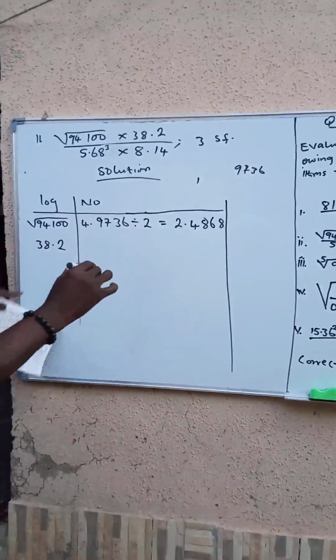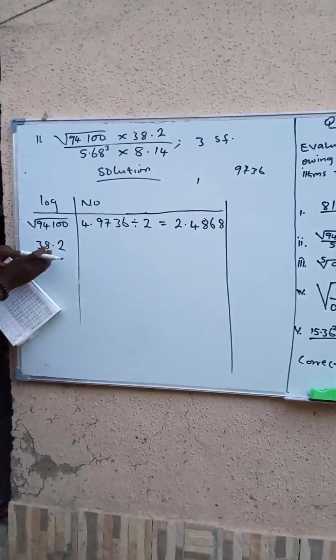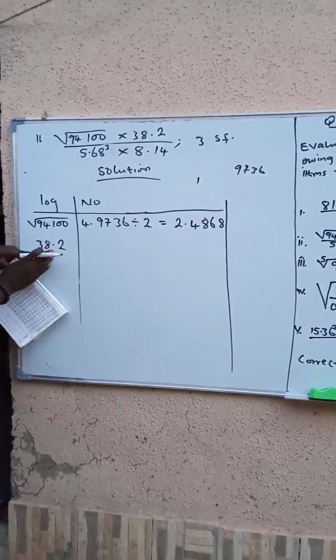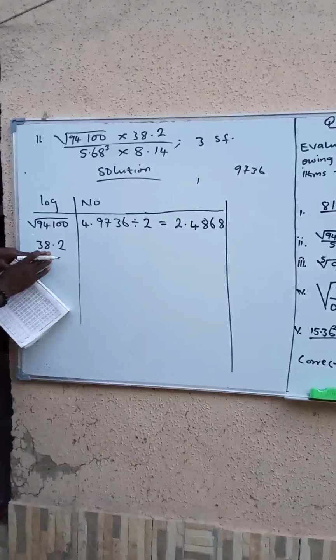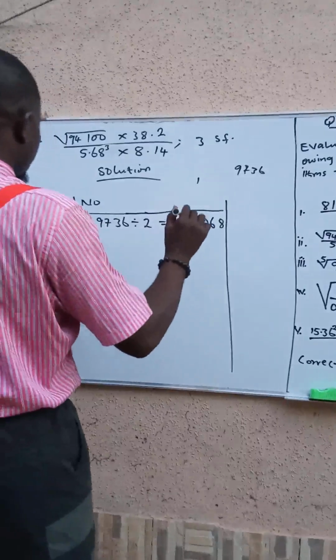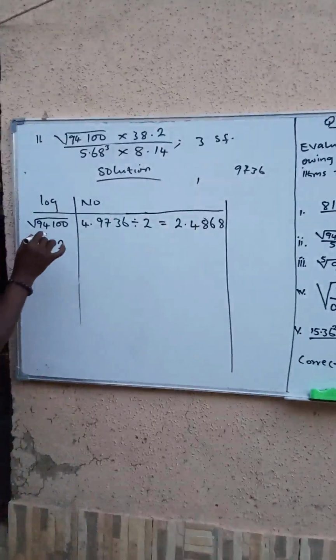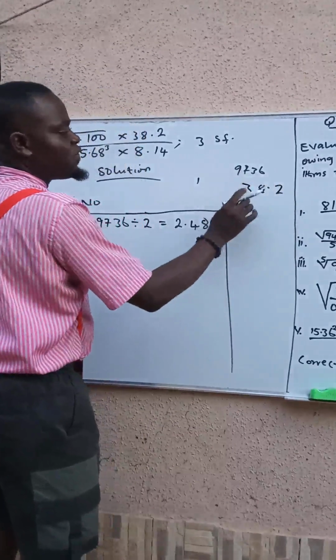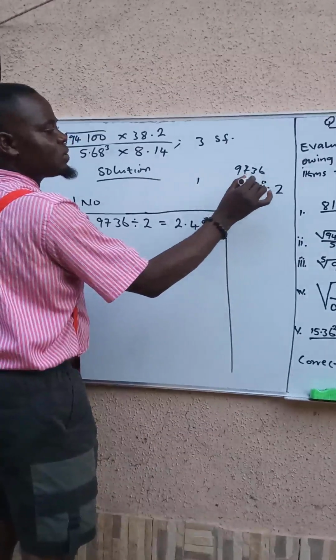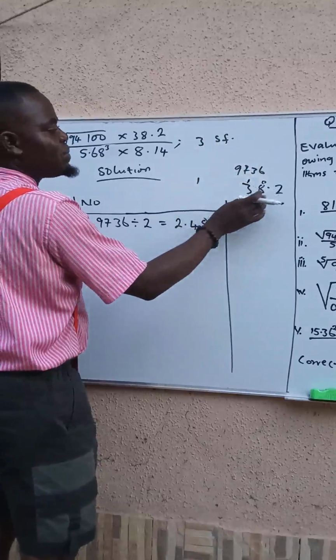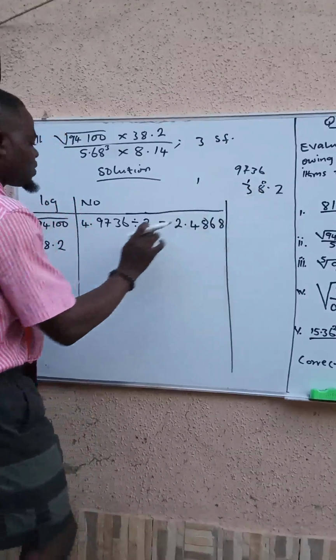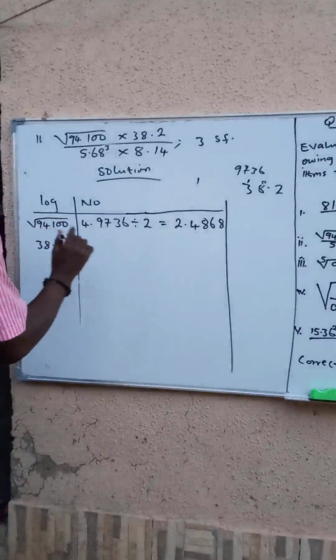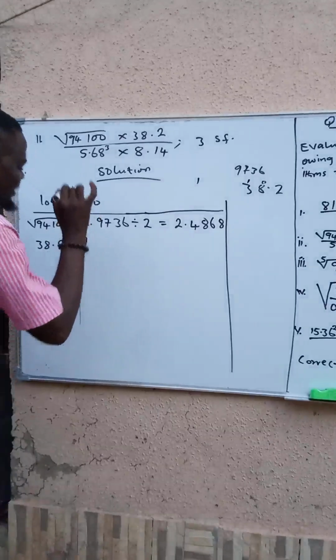Now this 38.2, before the decimal point here, I have 2 numbers. That means, and I told you that you must start from what? Look at this, 38.2. Before the decimal point, you start from 0, 1. So that means the number I have here, what I put here for my counting is what? 1.